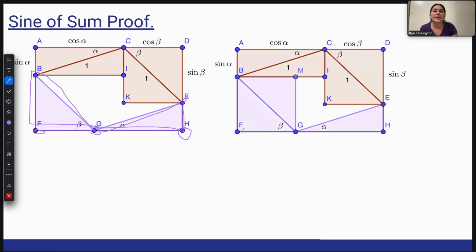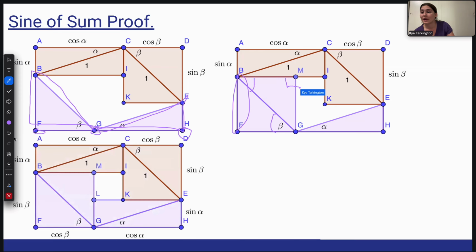And then we can construct line MG such that it's parallel to line BF, and we can, again, by Euclid's proposition 29, say this angle is congruent to this angle. Again, with our perpendicular parallel theorems, we can tell that that's a right angle, giving us again AAS, a beta triangle. And again, repeating that process to create this alpha triangle GLE.